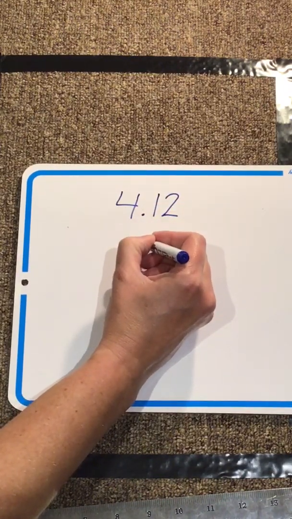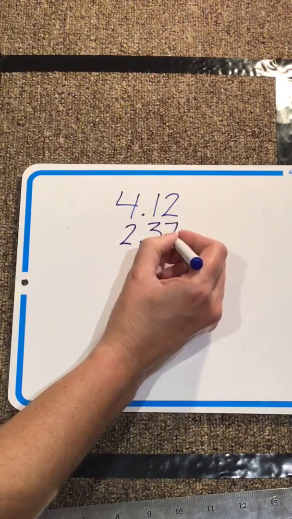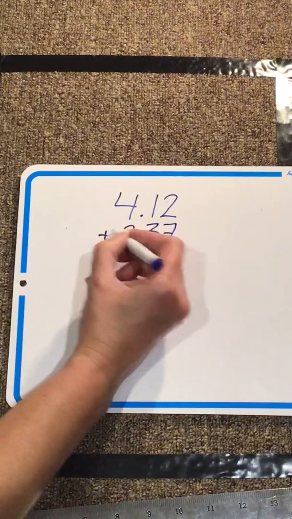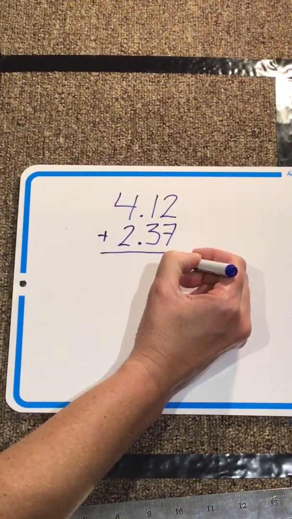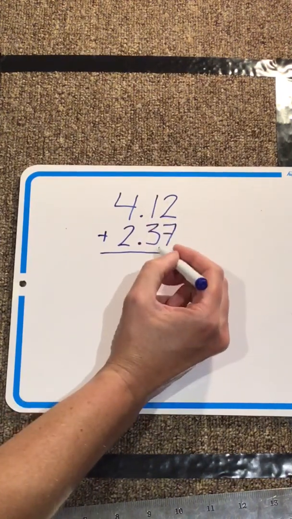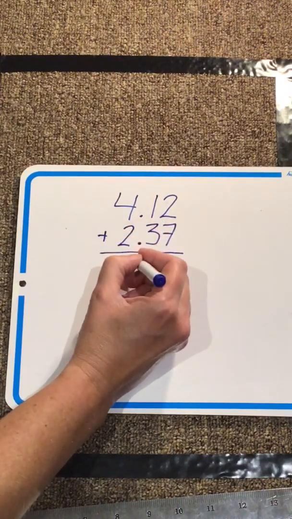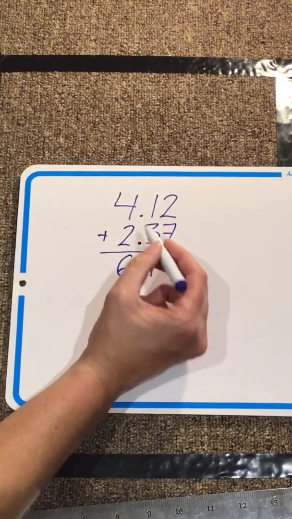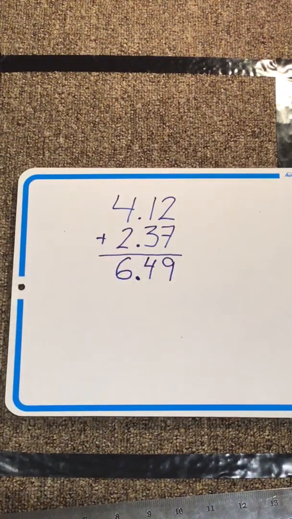We'd make sure the decimal point lines up, and then we just add them normally. 2 plus 7 gives us 9, 1 plus 3 gives us 4, 4 plus 2 gives us 6, and the last thing is that the decimal point falls down into our answer. So we can do that to add or subtract decimals, making sure we're lining them up.